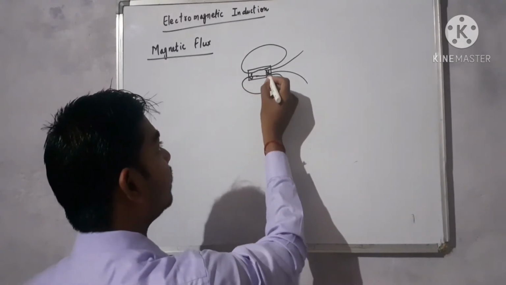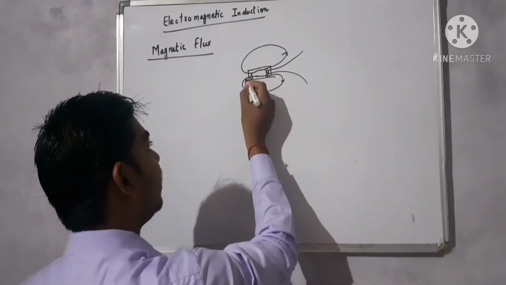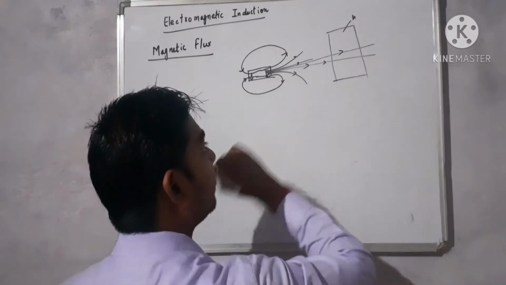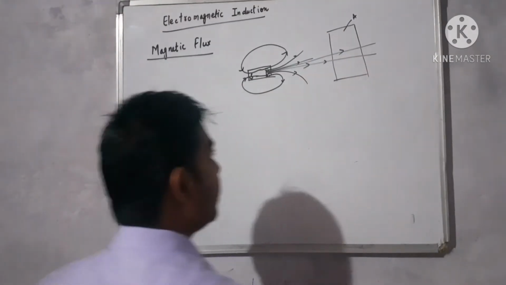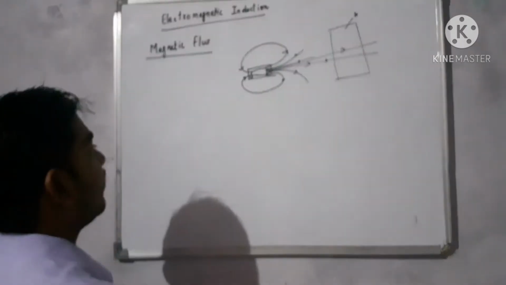Okay, dear children, the field originates from the north pole and enters the south pole. The magnetic field lines passing through an area are given by the magnetic flux.